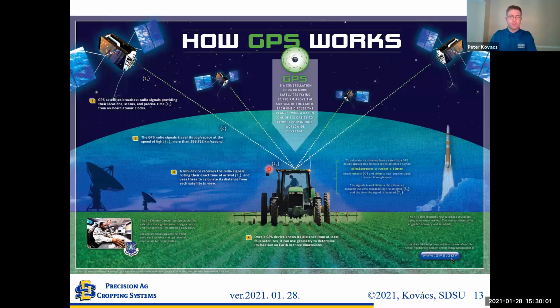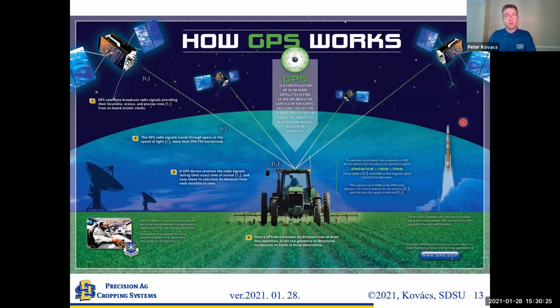Now, using GPS, this can be easily detectable, whether through an elevation map, as we can potentially create from some of our field operations, or even just by using the yield map to identify those lower yielding areas in the field.